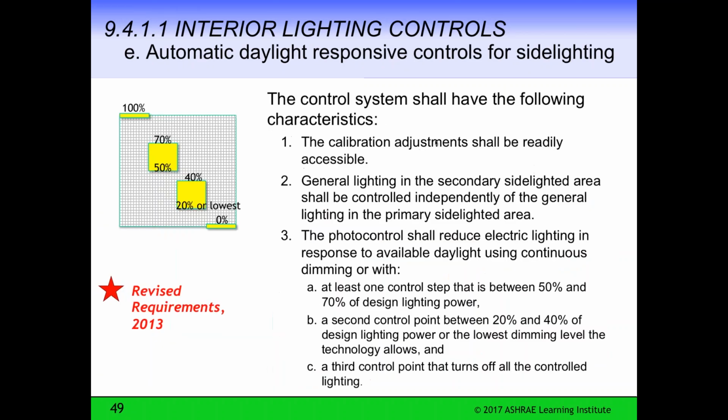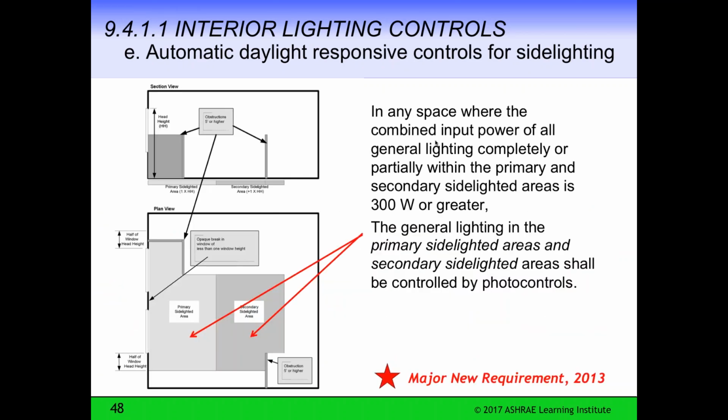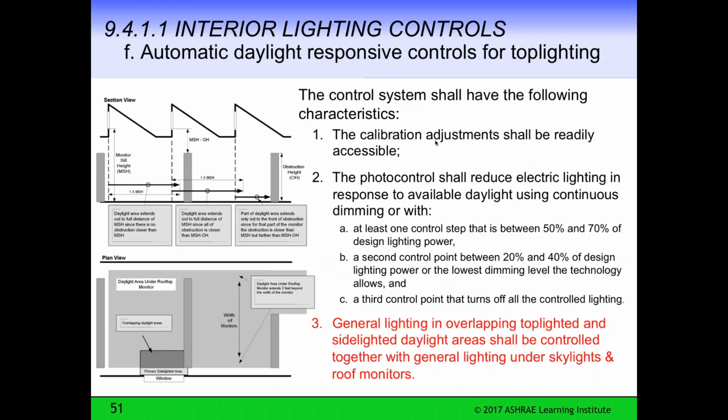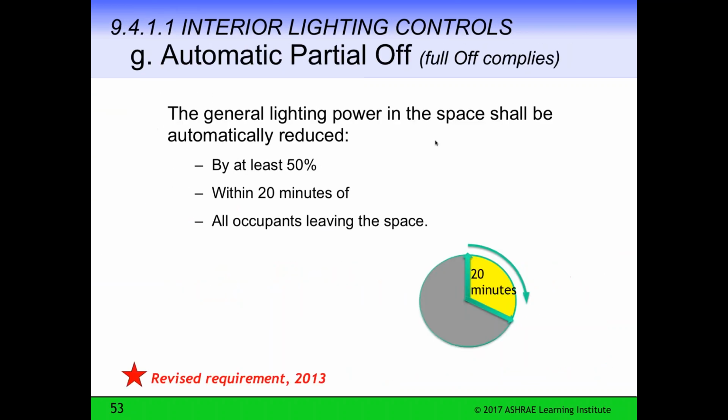This is an important set of new mandatory requirements that covers a wide range of space types. And then we have the next requirement after the daylighting requirements, which is automatic partial on, partial off.